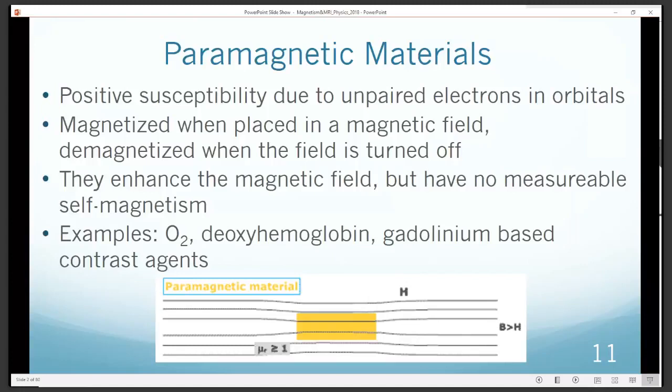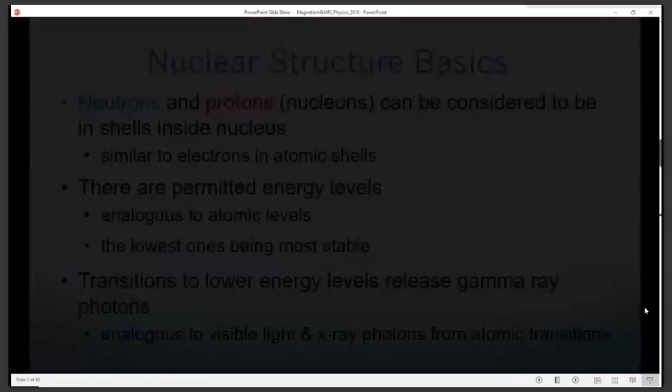This only happens when a large applied field is there inside it, as in the case when you stick something in the MRI magnet. Examples of paramagnetic materials include oxygen, deoxyhemoglobin, because it has oxygen, and gadolinium-based contrast agents, which use their paramagnetic properties to enhance the MRI images.